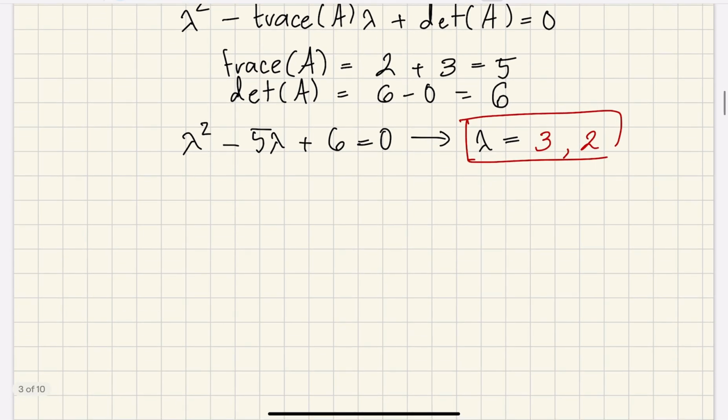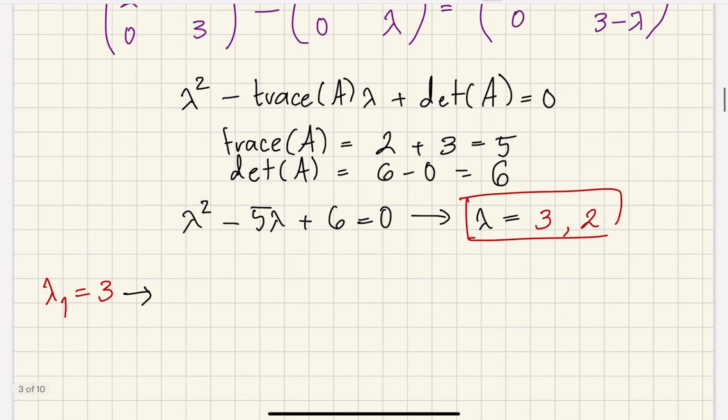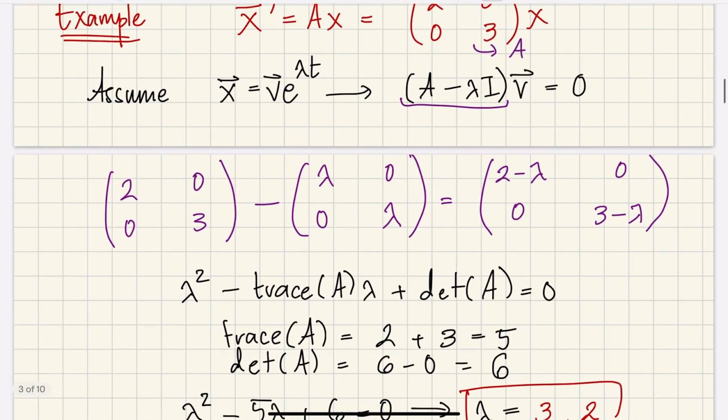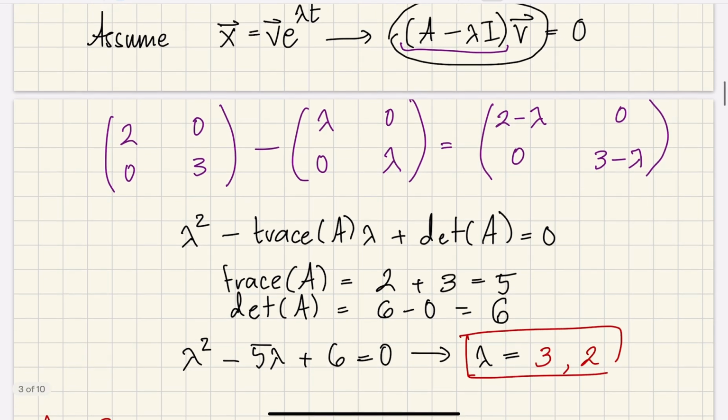So for the first one, I'm going to do this operation by substituting lambda is equal to 3.